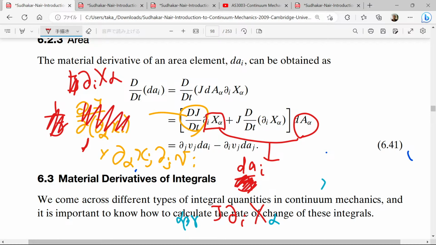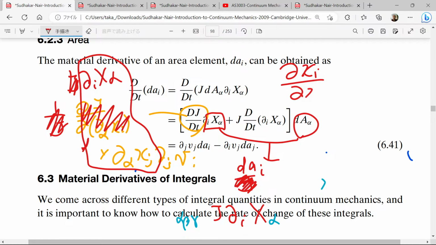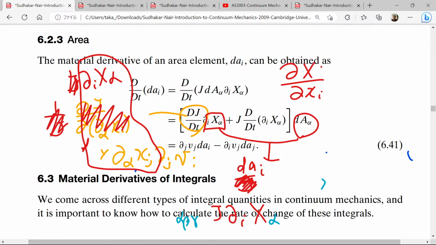See, we want this one. See, we see this combination. This combination is partial small xi, large xi. Upstairs we have large x alpha. Then we have partial small xj, large x alpha.